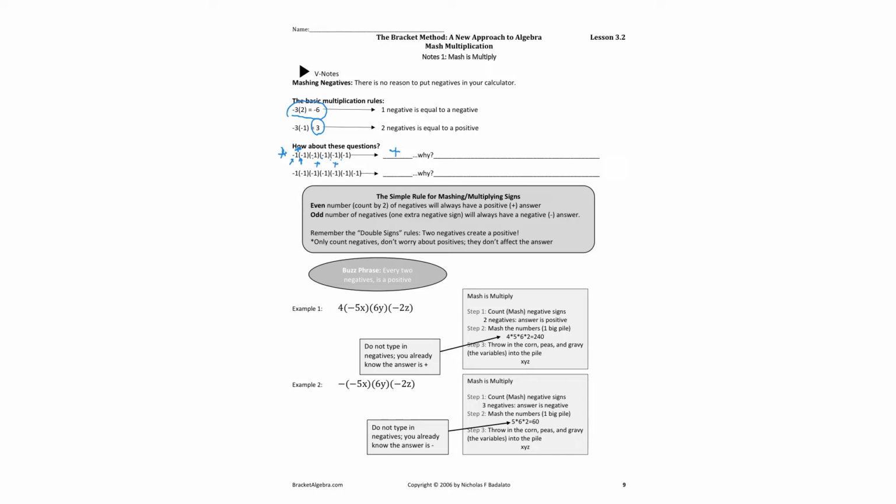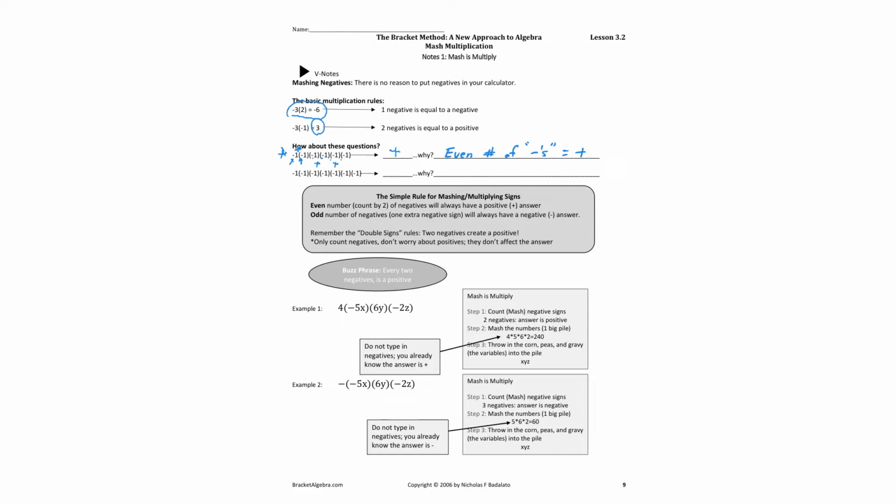So when it comes down to it, any two negatives creates a positive, and in this case, there's an even number of negatives, so the whole thing is positive. So the why is even number of negatives, and remember we're calling minuses, negatives, any of those signs, no matter what you call them, is going to be equal to a positive answer.